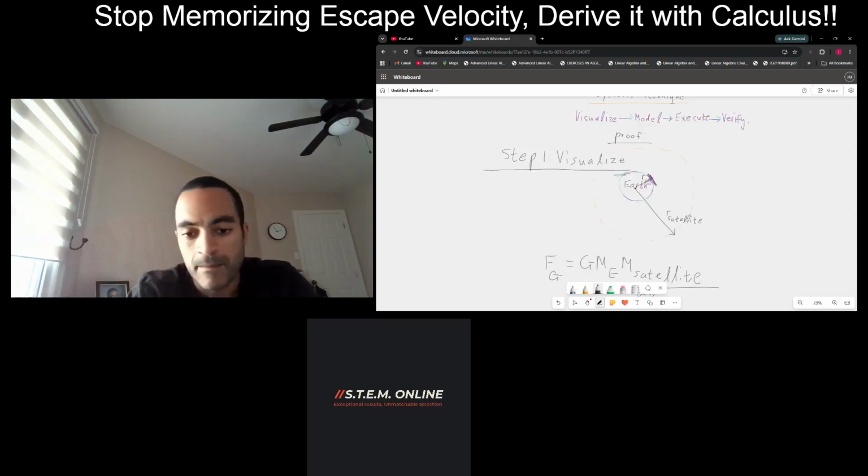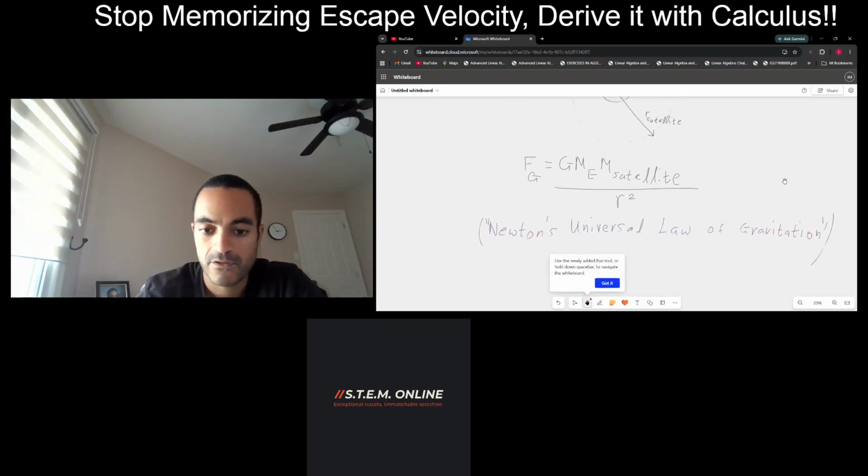But the further away that satellite goes from Earth's center, its gravitational attraction starts to decrease. As r increases, Fg decreases. So we also have to make a geometric model, in addition to the physical model. Here's a geometric model.